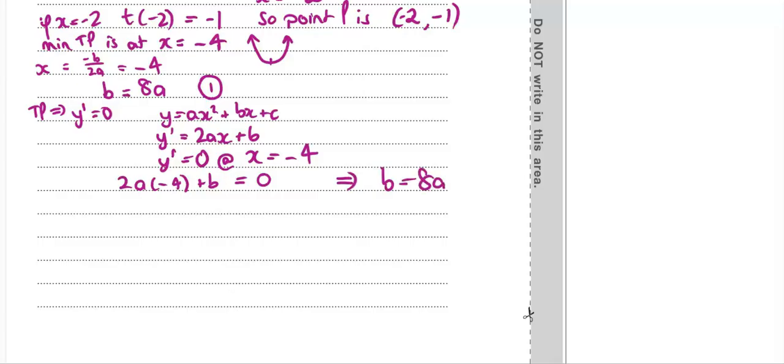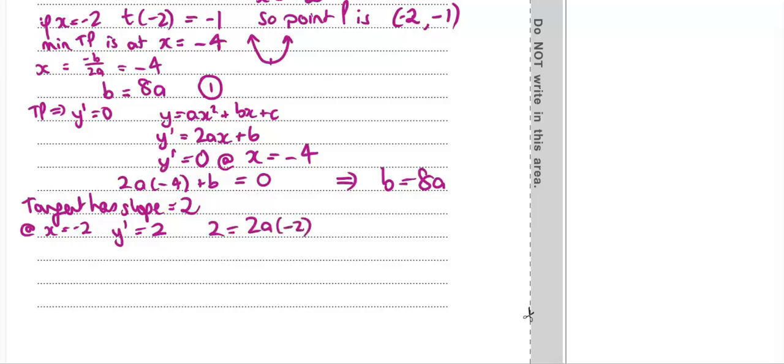All right, let's look at what else we know. The tangent has slope equals 2. So at x equals minus 2, we know that y dash equals 2. So 2 equals 2a times minus 2 plus b.